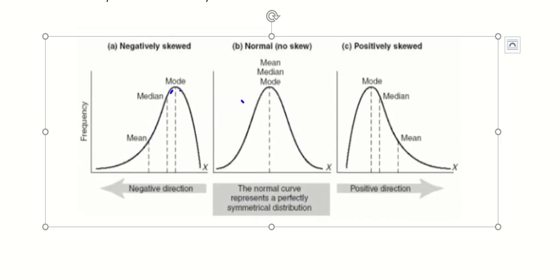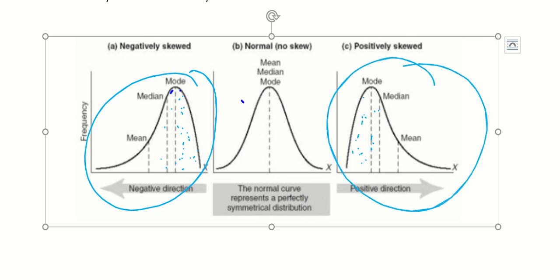So if the data is majorly plotted to the right hand side, it is called negatively skewed, like here you can see this one. Here the data is majorly plotted on this side. That's why it is negatively skewed, right? And if the data is majorly plotted on this side, it becomes positively skewed, right?